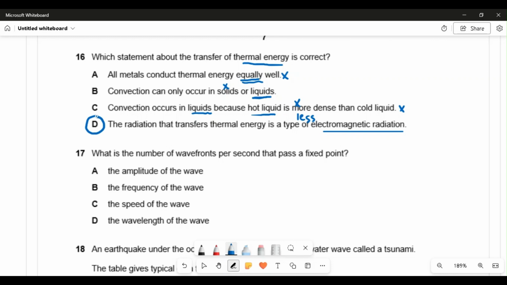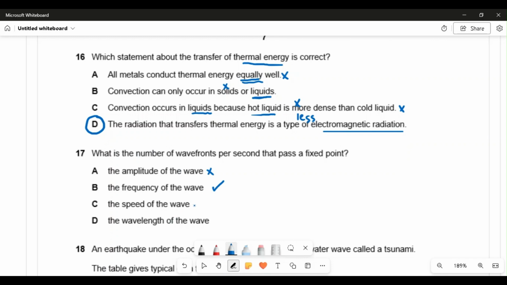The number of the wave fronts or the number of waves passing per second through a fixed point is called the frequency. It's not the amplitude, because amplitude is the height or depth of a wave. Frequency, yes, it is number of waves per unit time.